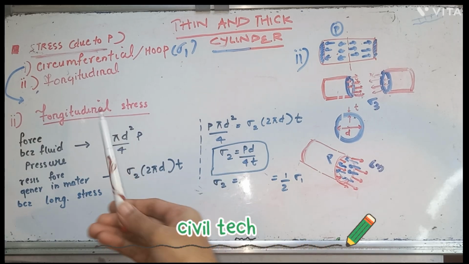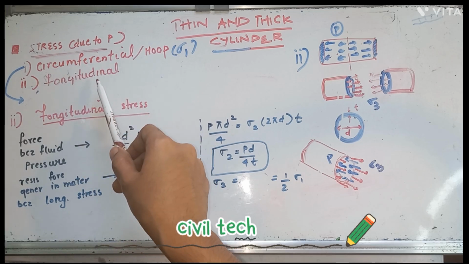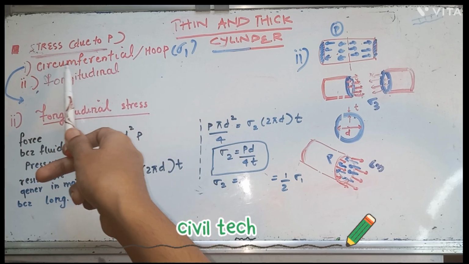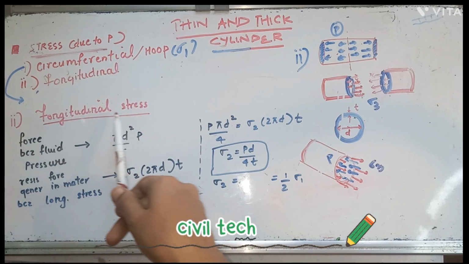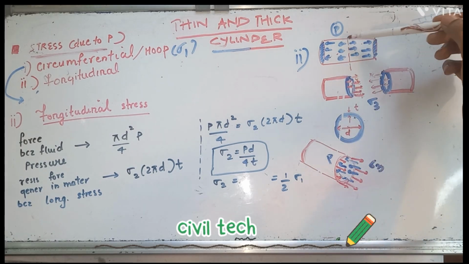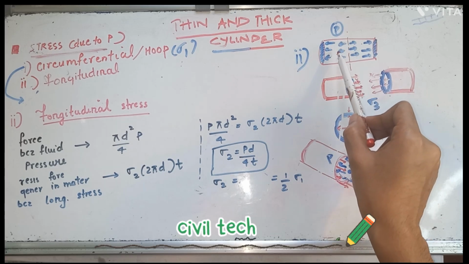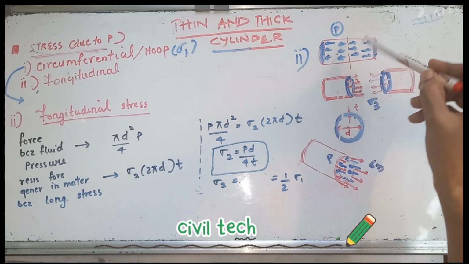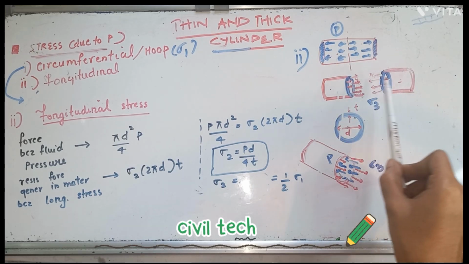In the last video we saw the concept of both circumferential stress and longitudinal stress, and we saw the equation of circumferential stress. Now going to the equation of longitudinal stress. So this is the diagram. When the cylinder is cut like this, the pressure force because of the fluid will be acting throughout the cylinder, and here it is cut into two parts.